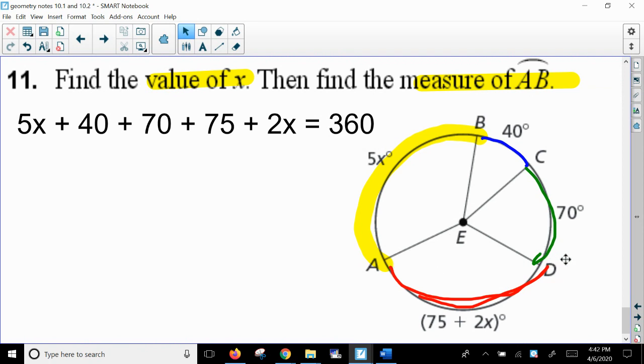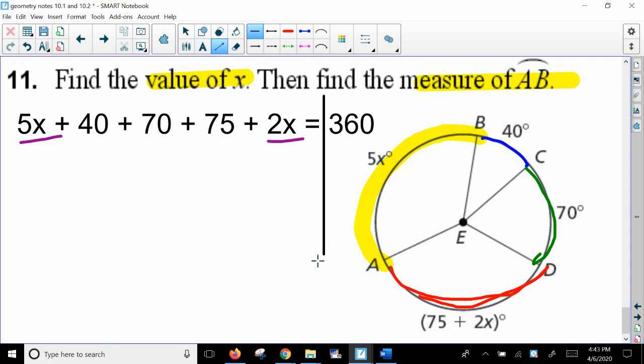Now you got to have your algebra on point. First thing, combine your like terms. The ones with the x's in them go together. The equal sign shows you where one side of the equation is. So all the like terms on the same side of the equation, I can combine. 5x and 2x, that's going to give me 7x.